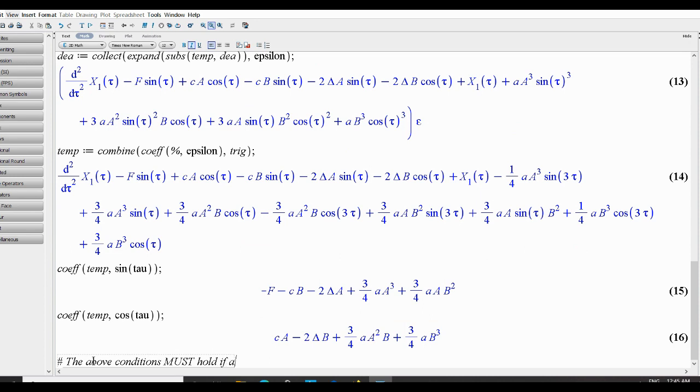If a periodic solution exists, and I will ask you to look at the harmonic balance equations that we had and see the relationship with those. Okay.